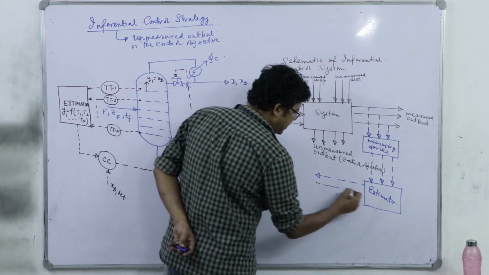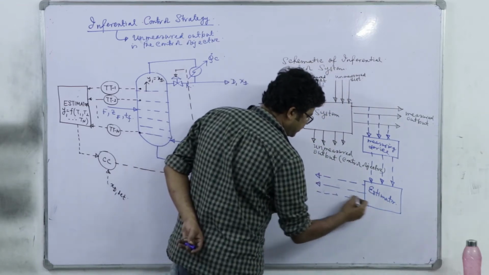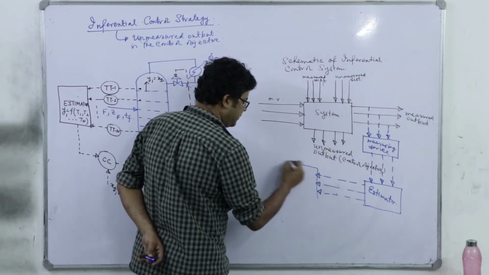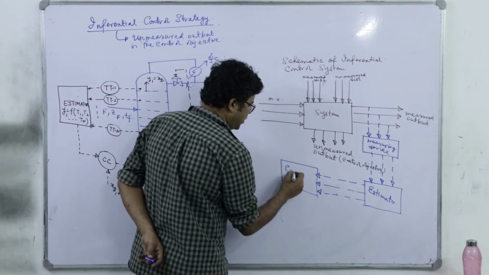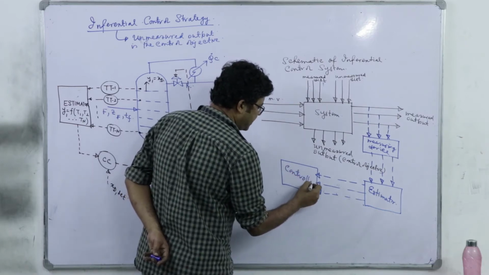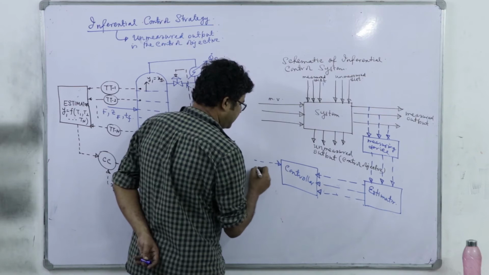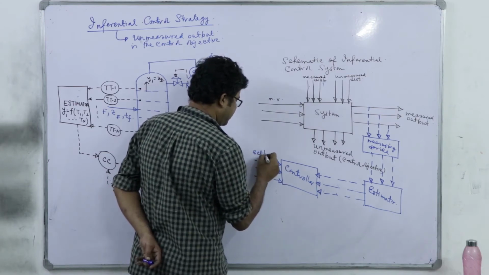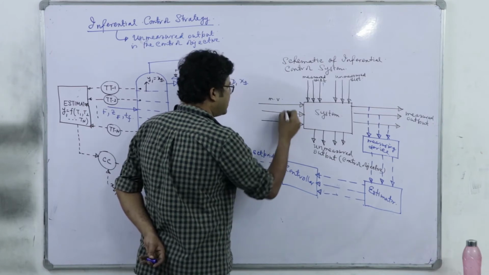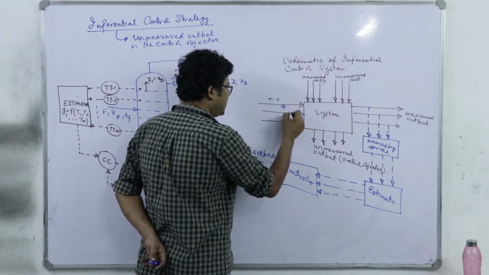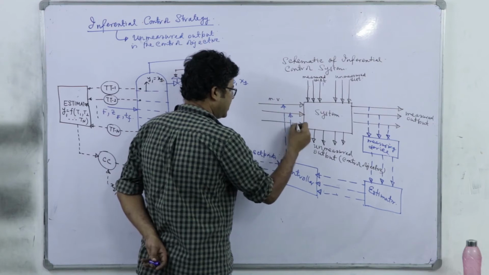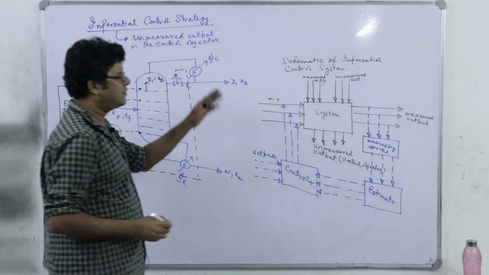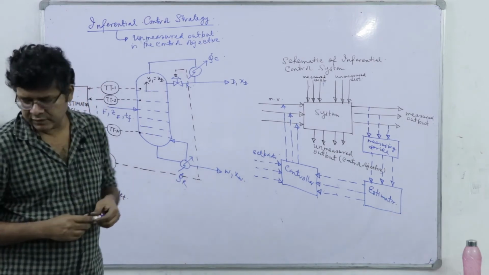The estimator will generate the estimate of this unmeasured output, that is my control objective, which will be fed to the controller, and the controller must be supplied with the respective set points. The controller's decisions will be implemented on the manipulated variable line through the interface of the final control element. So, that is the schematic of the inferential control system.